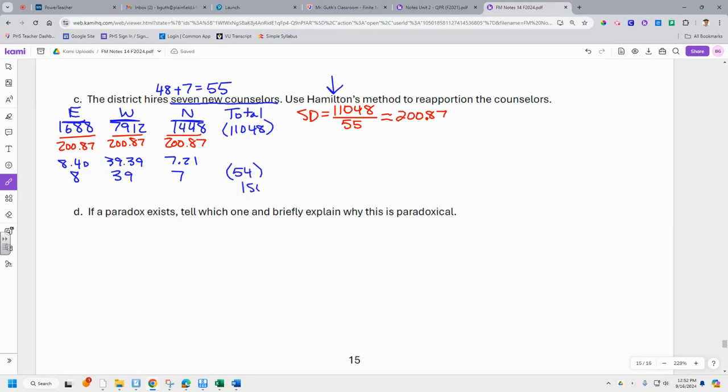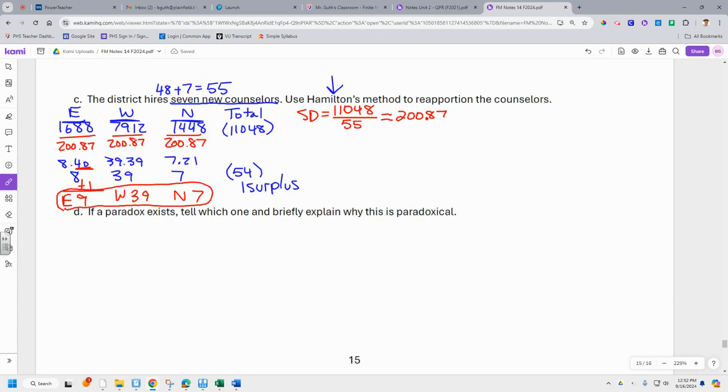So we can see there's one surplus item that we have to give out, and we're going to give it to the highest decimal, 0.40. So add that on, and east gets 9, west 39, north 7. That would be this Hamilton's apportionment.